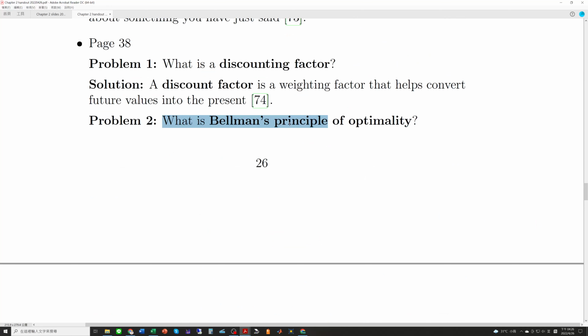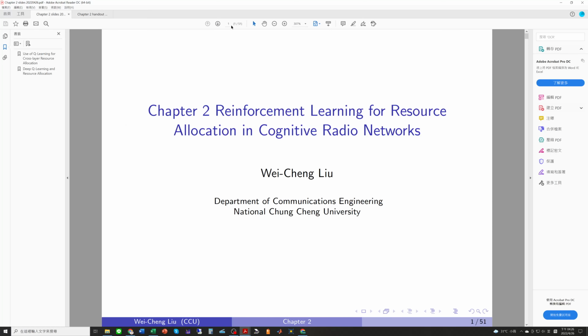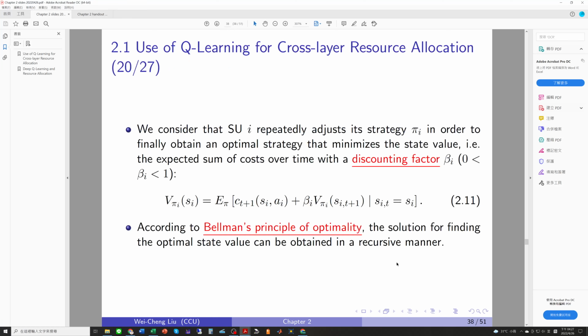What is Bellman's principle of optimality? Let us go back to the slides, and please go to page 38.